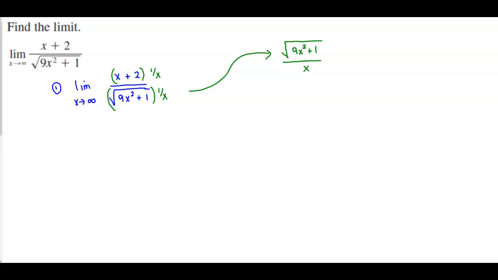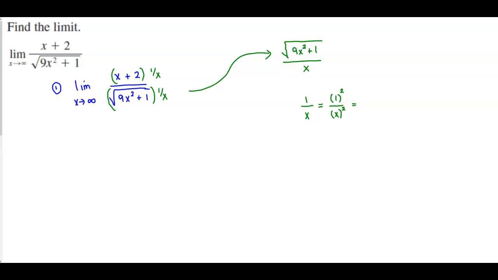Well, in this scenario, we're unable to divide the terms under the radical because the denominator doesn't have a radical associated with it. So I want you to think of 1 over x. Now, can we square the numerator and the denominator?